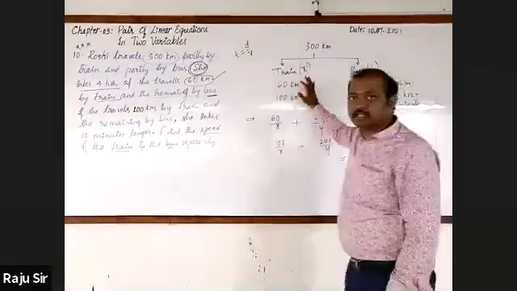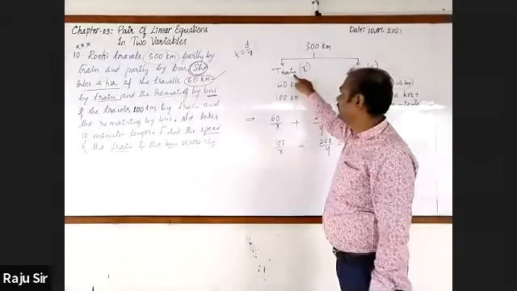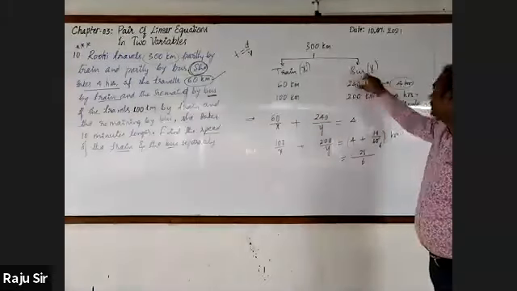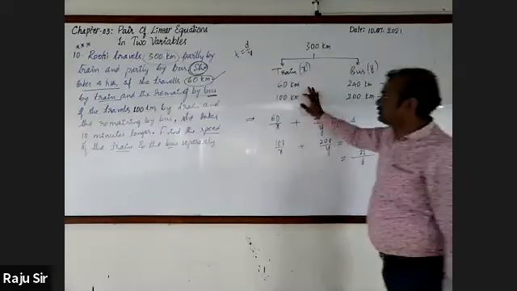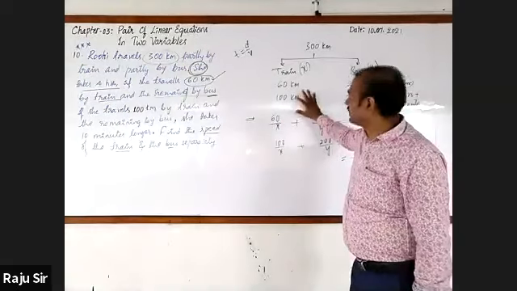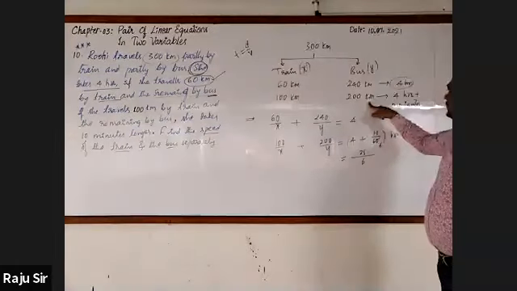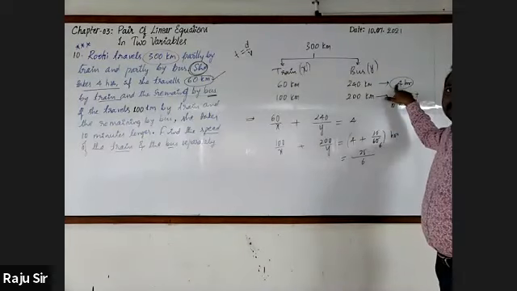In the first situation, it has been given that if she travels by train covering 60 kilometers and remaining by bus, she takes 4 hours. In another situation, if she covers 100 kilometers by train and remaining by bus, she takes 10 minutes more than 4 hours.